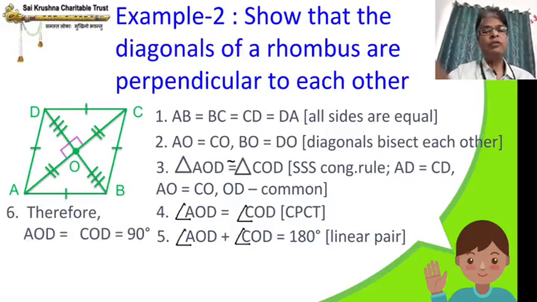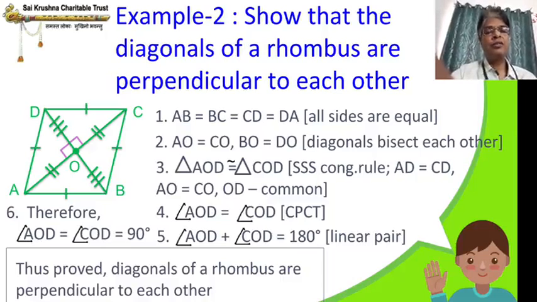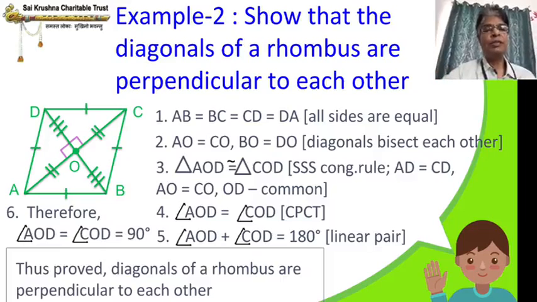Therefore, AOD equal to COD equal to 90 degrees. Thus, proved: diagonals of a rhombus are perpendicular to each other. So, DO is perpendicular to AC. We have just proved one, that is sufficient. The moment you prove one, automatically the other one is proved. So, the diagonals of a rhombus are perpendicular to each other is proved.